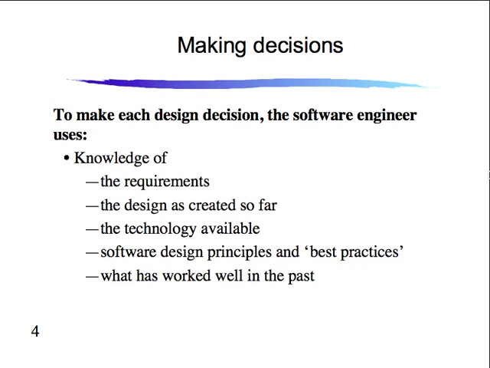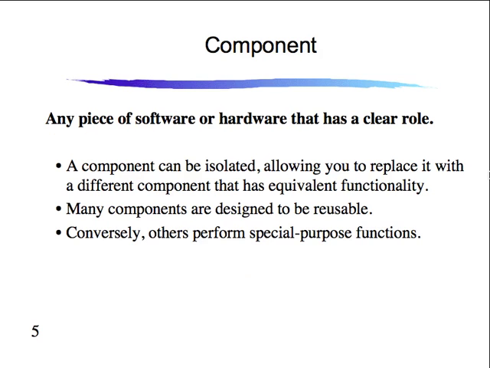So to make each design decision, you actually have to have knowledge of the requirements, the design as created so far, the technology that's available, the software design principles and best practices that exist at the current time, and what's worked well in the past, which is why it's nice to get a team that's done a project before. If they've been making network applications for a couple of years, then they know what works, and they make better decisions.